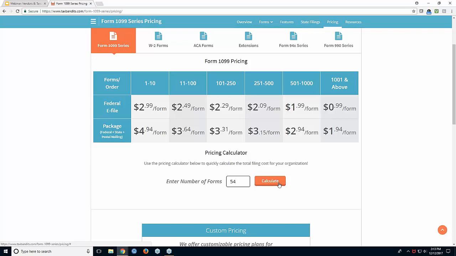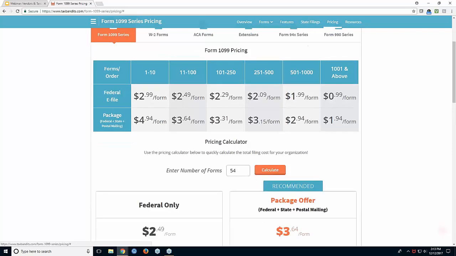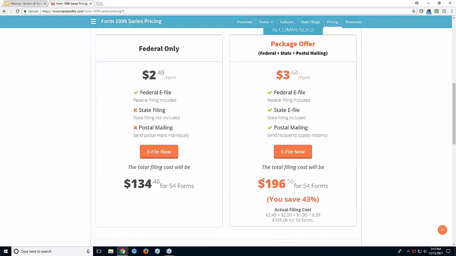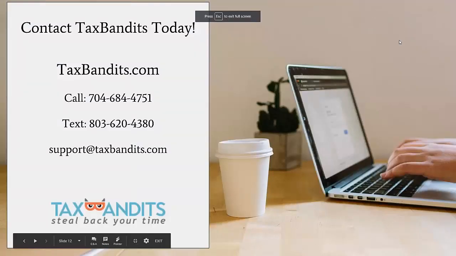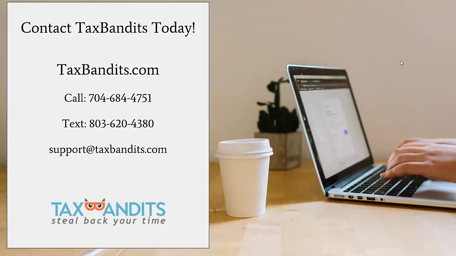So if you enter in the number of forms exactly that you have, we will tell you, based on our tiered pricing system, what you will be paying and what you will be getting. So I do want to mention, again, if you have any questions regarding our 1099 filing process, we'll be happy to answer any questions. We do offer a wide range of tax forms, so our contact information is on the screen, and we'll be happy to help you.